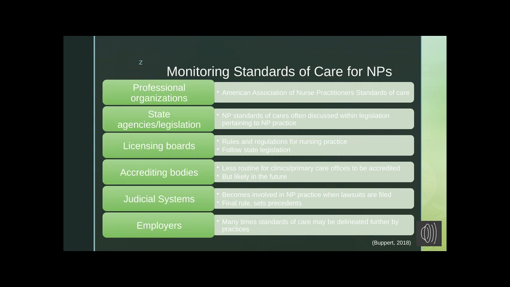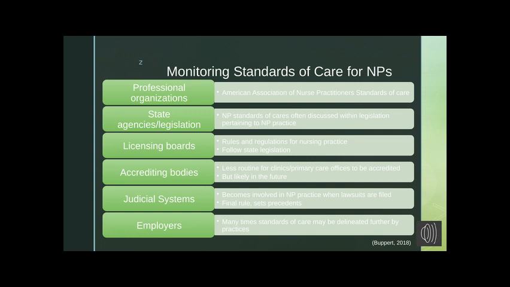Standards of care may be monitored traditionally, and now, by professional societies, state laws and regulations, boards of licensing, accreditation bodies, judicial systems, and employers. Professional organizations, such as the American Association of Nurse Practitioners, have concerned themselves with having standards for the care they provide.